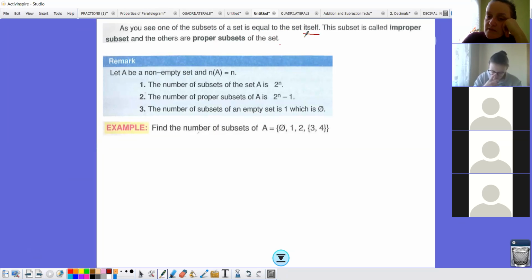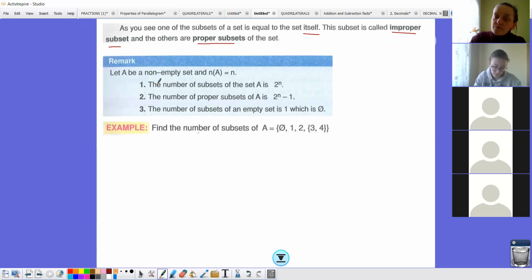Yes, the last one, it's the set itself. So we call this subset an improper subset. The other subsets are called proper subsets.